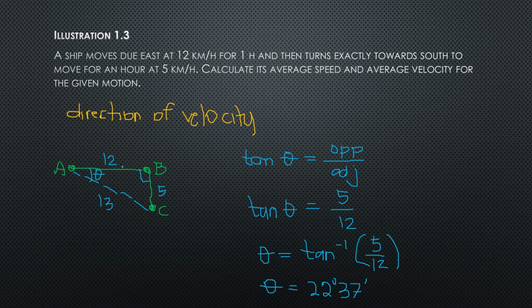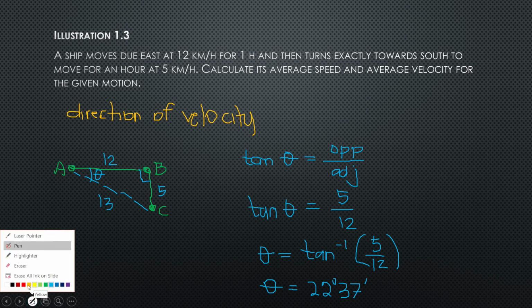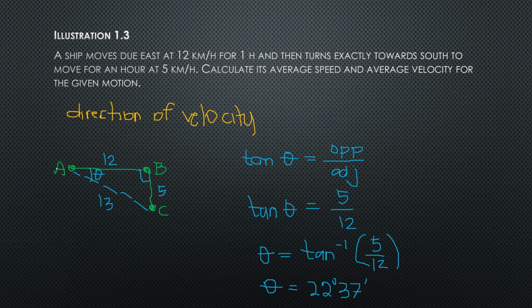The direction 22 degrees 37 minutes, this is the east side, right, referring to the initial position, so that is this one. That is the north, east, south, and that is the west.